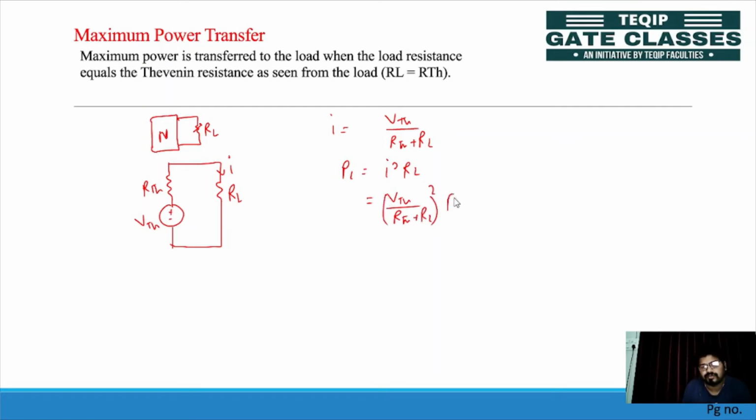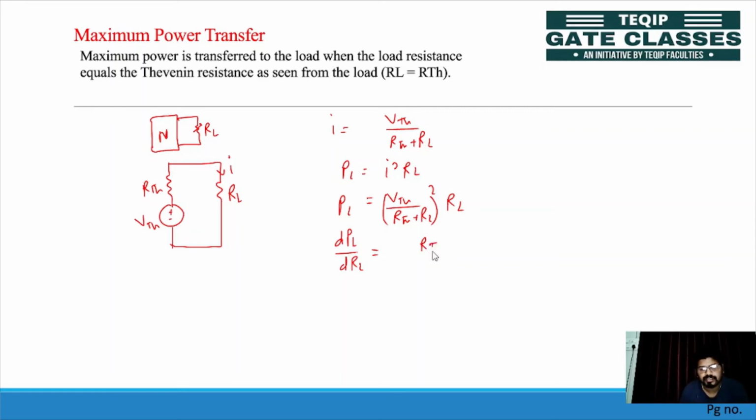Now to find the maxima, where the maximum power is transferred to the load, you have to differentiate the load power with respect to the load resistance. So let's say dPL upon dRL. You can apply the U by V rule.